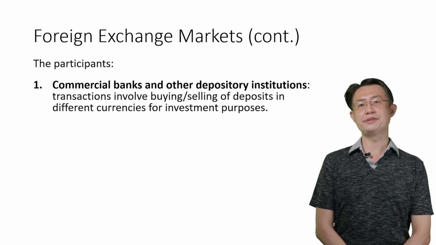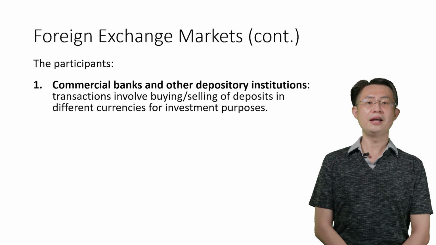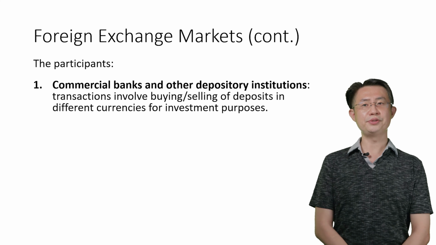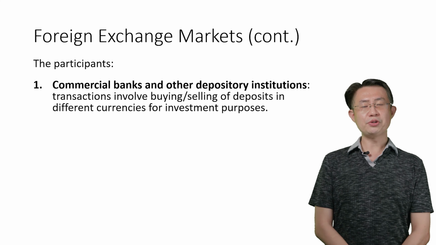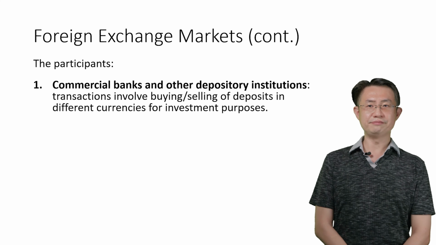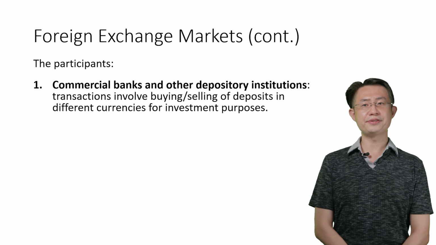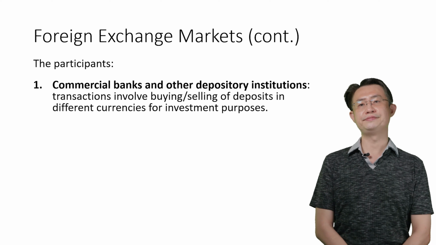Who are the participants? The first one is the commercial banks and the other depository institutions. They make transactions involving buying or selling deposits in different currencies for investment purposes.